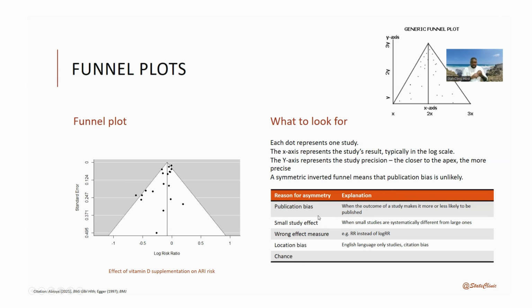Now, when we find asymmetry, what does it mean, right? Does it always mean that there's publication bias? That's not necessarily true. Sometimes asymmetry may be due to what is called a small study effect. A small study effect means that the findings from a study whose sample size is small are systematically different from the large ones.